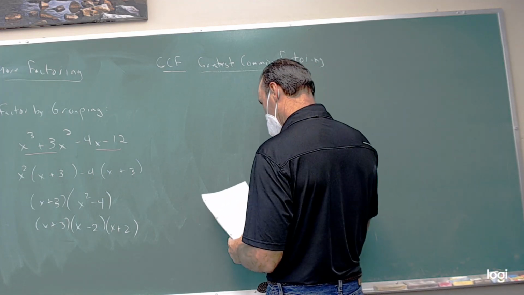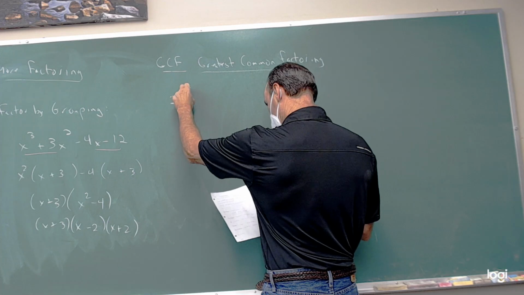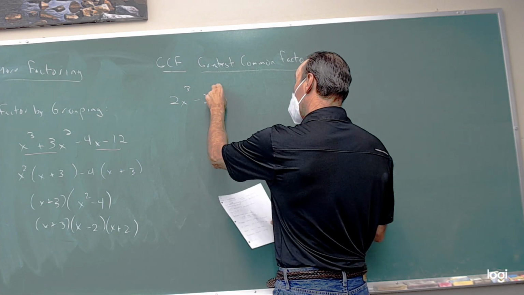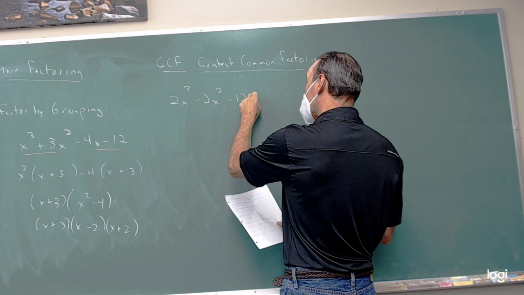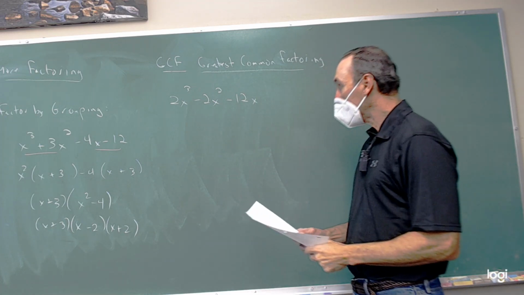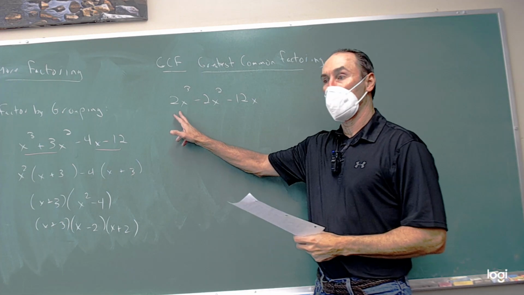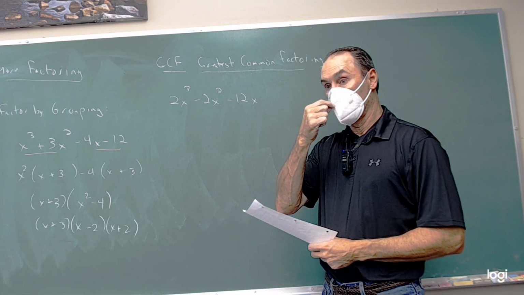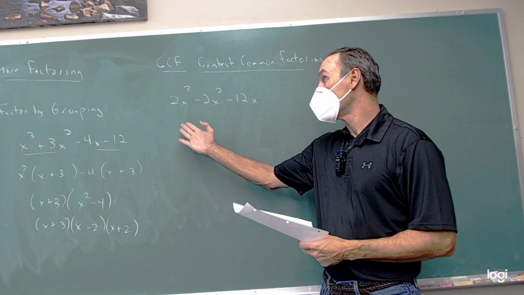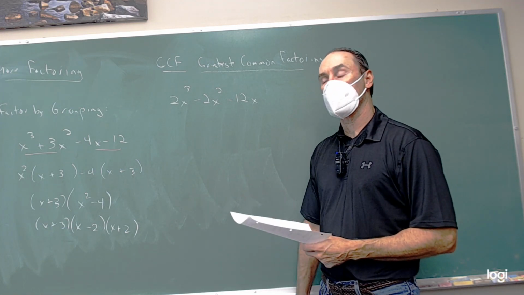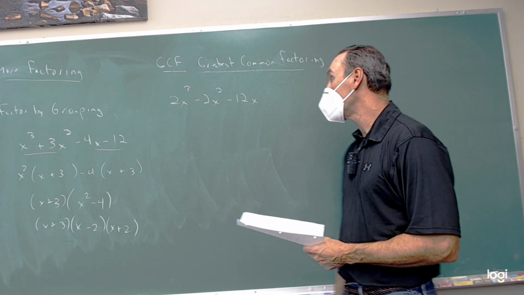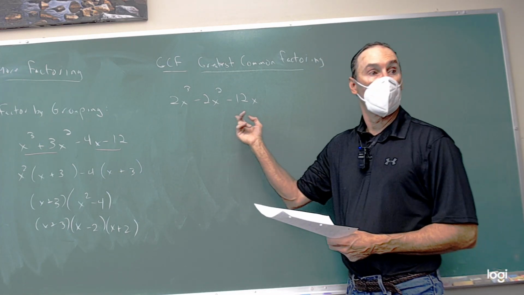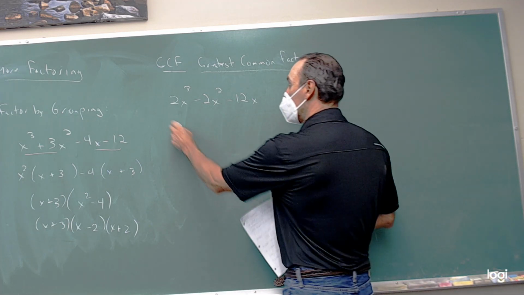So for example, if we have a 2x cubed minus 2x squared minus 12x. So here again you see a cube, you get a third degree polynomial. So we know, we're heightened alert here because our normal strategy of box and diamond doesn't serve us well here. But you can see these all have a greatest common factor of 2x. So we'll pull the 2x out first.